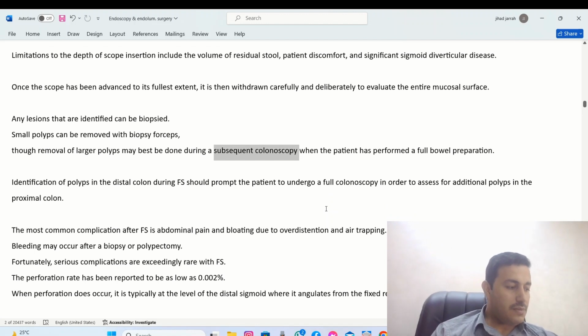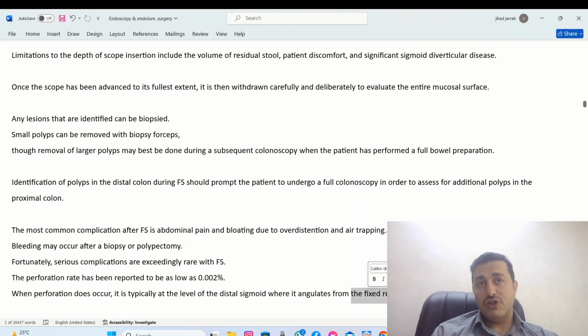Okay. Complication, of course, we insufflate air, so distension can happen, discomfort, perforation. This is rare. Perforation can happen especially in the rectosigmoid junction, where the rectum is fixed between the rectum and the sacral promontory.